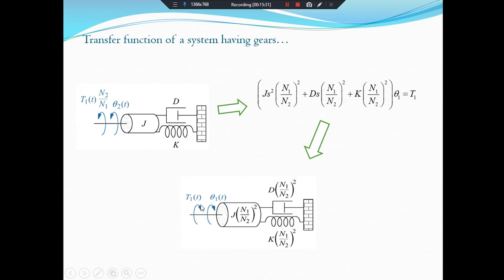T1 is the input torque, the direction of T1 will be the same, and theta 1 is the angular displacement, and we replace all the impedances as we have solved it: J becomes J into N1 by N2 square, and D into N1 by N2 whole square, and so on.